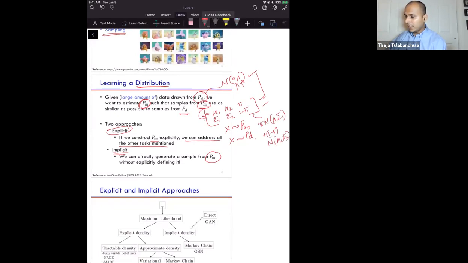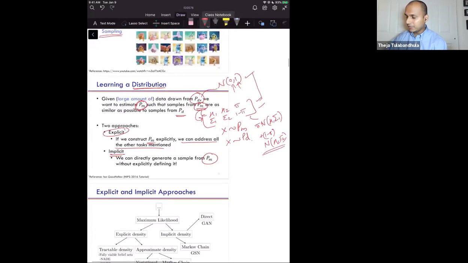So this is explicit, and the other way is to do it in an implicit way, where you somehow create a function, which of course will have some parameters, such that you will be able to only do this part, which is generate samples. You will not, at least directly, be able to do averaging or produce expectations. That's okay. Once you get lots of samples, you can do the Monte Carlo way.